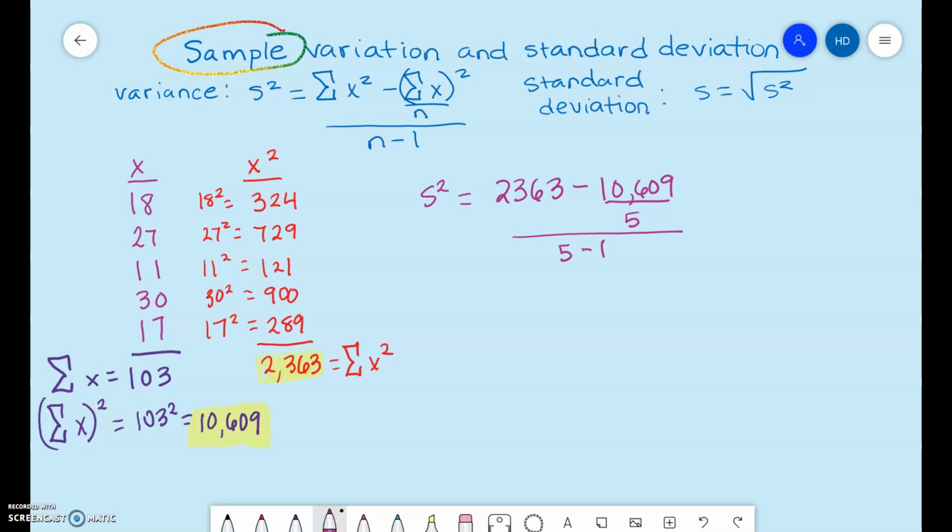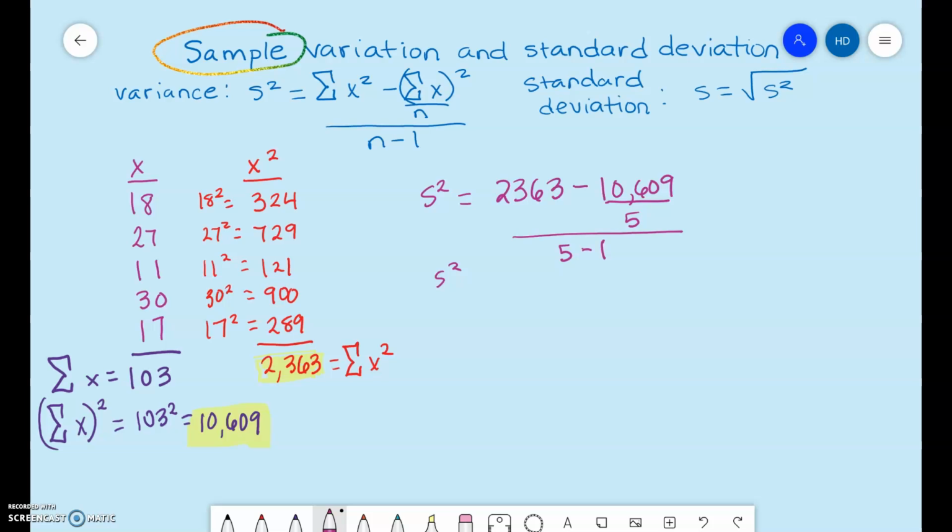5 minus 1. What you want to do is not round until you get to the end here. So you can do 2363 minus 10,609 divided by 5.